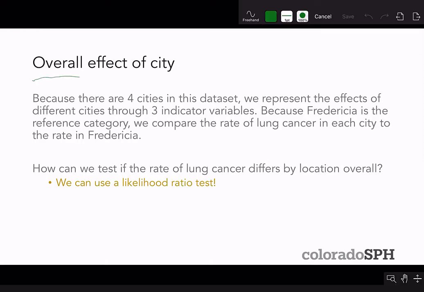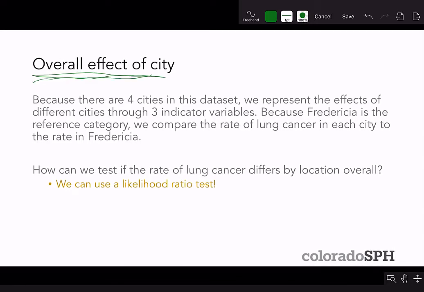So what if you want to look at the overall effect of city? Because there are 4 cities in the data set, we represent the effects of different cities through 3 indicator variables, which can be seen in the output table. Because Frederica is the reference category, we compare the rate of lung cancer in each city to the rate in Frederica. However, how can we test if the rate of lung cancer differs by city, overall?